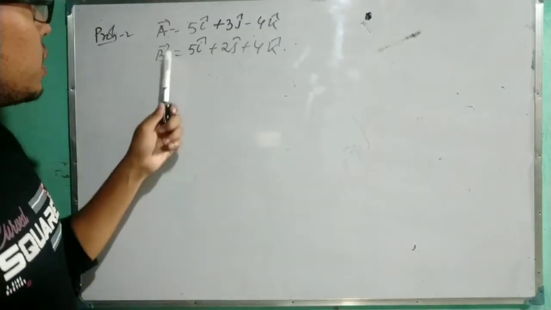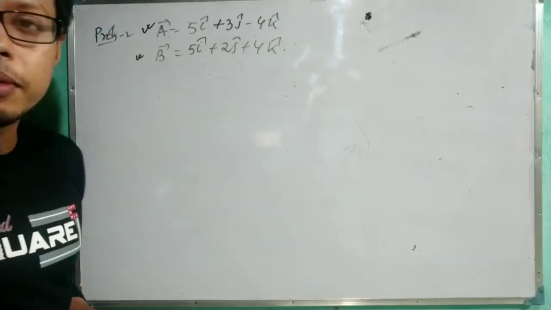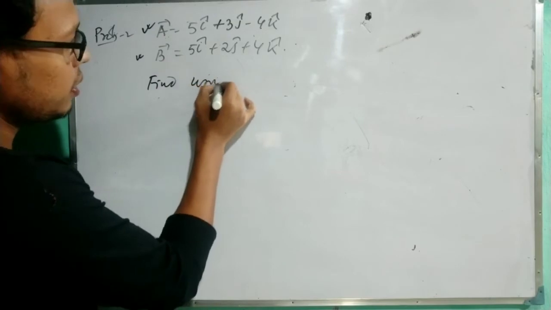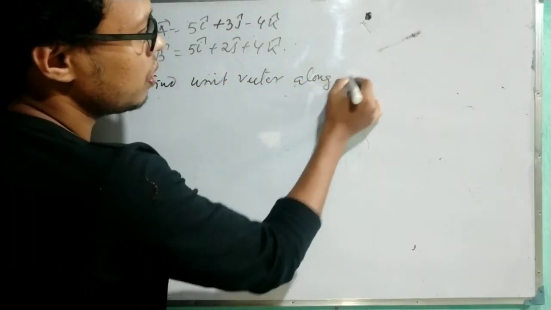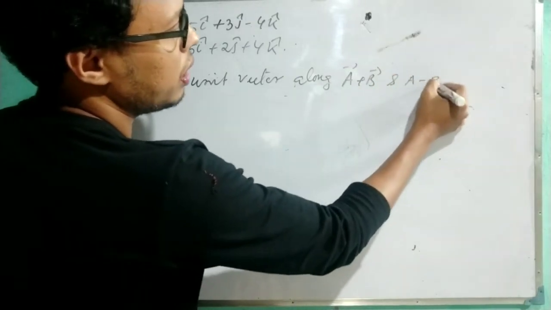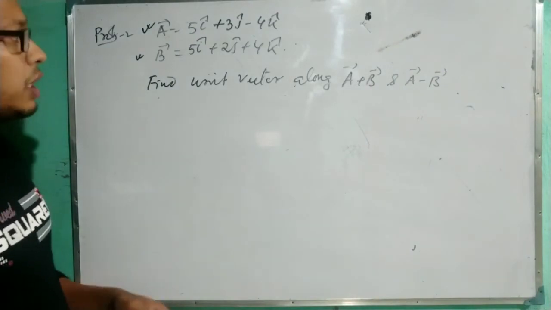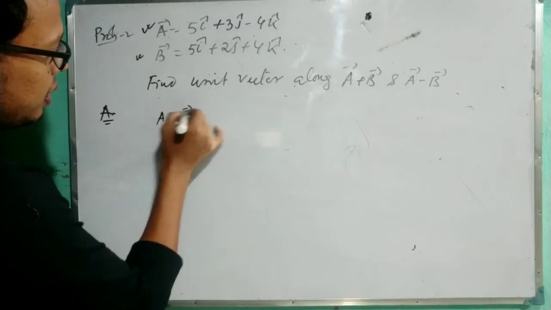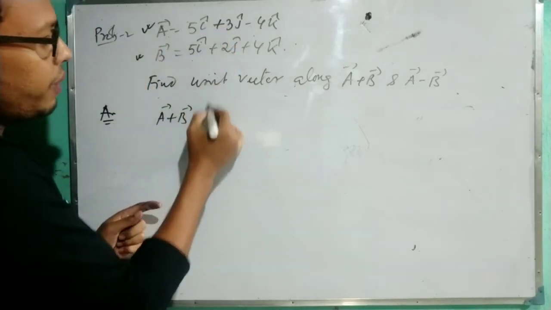Now in the second problem, the A vector and B vector are given. The question is to find the unit vector along A plus B and along A minus B. First you have to find the answer for A plus B. A plus B will be 5 plus 5, 10i.